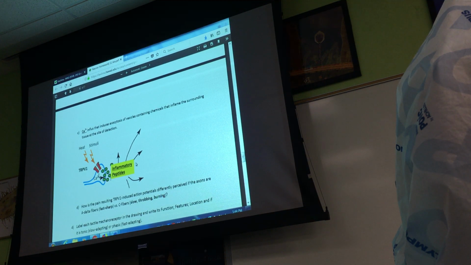So why isn't it bradykinin? Because bradykinin is something that's released by inflammation, and the cells that cause the bradykinin to be produced are not the C fibers. These are substance P and CGRP and some other inflammatory peptides. So that would release inflammatory peptides, which would in turn release bradykinin.